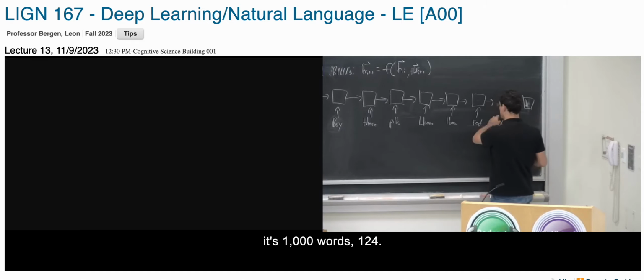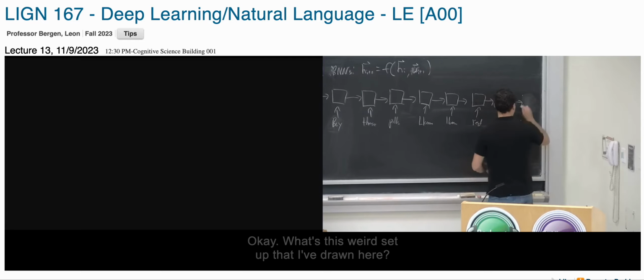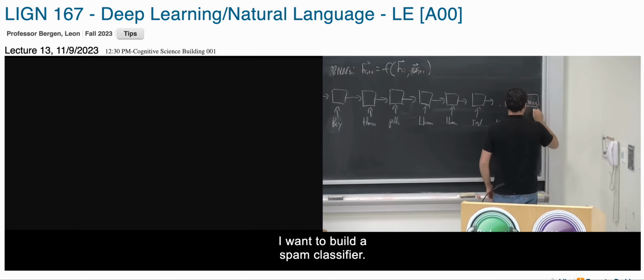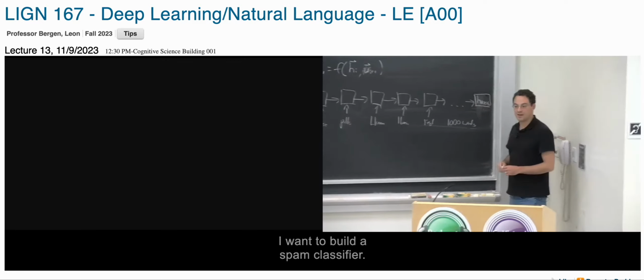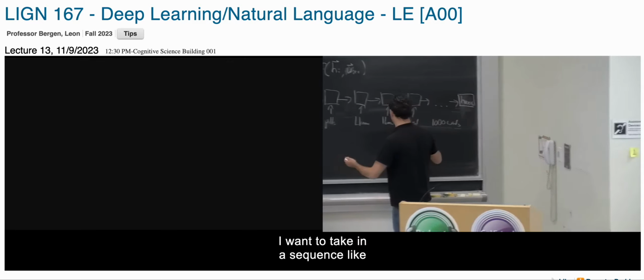So if it's 1,000 words, that's 1, 2, 3. Okay, so what's this weird setup that I've drawn here? I want to build a spam classifier. I want to take in a sequence like this, determine is it spam.